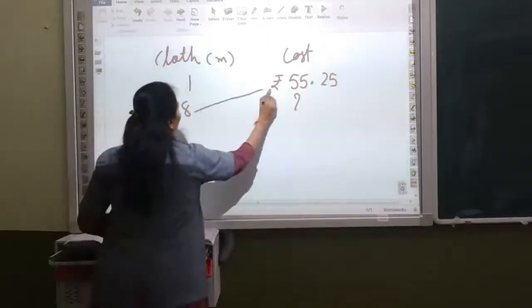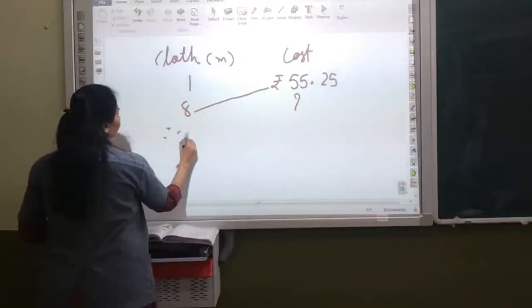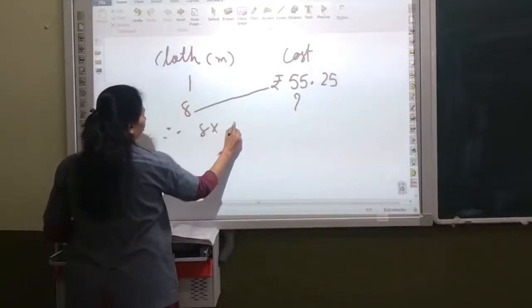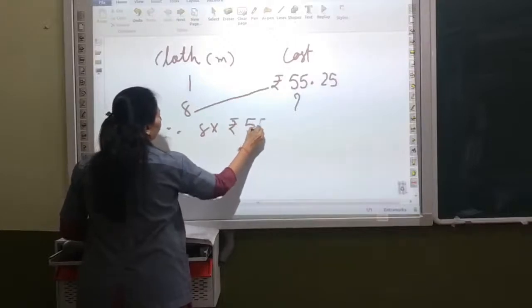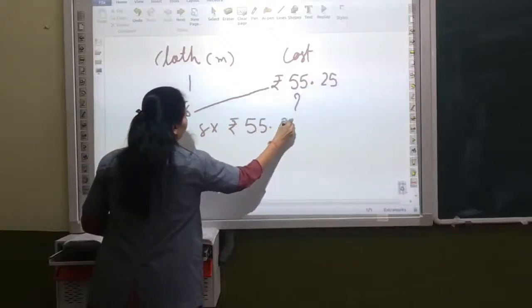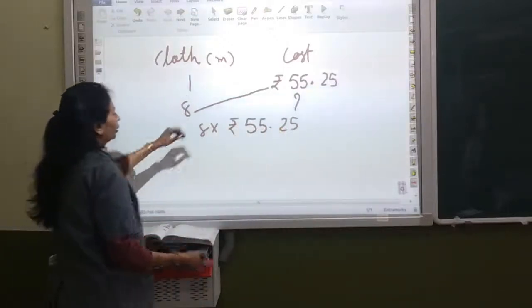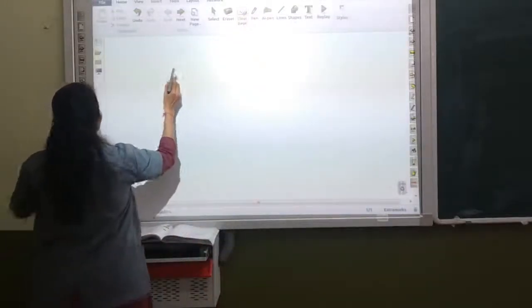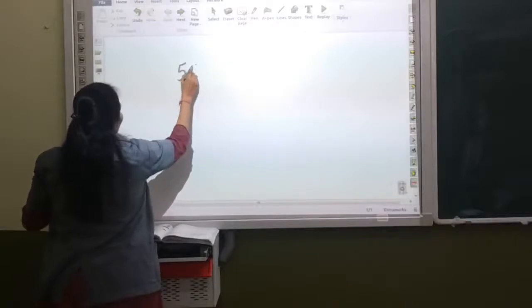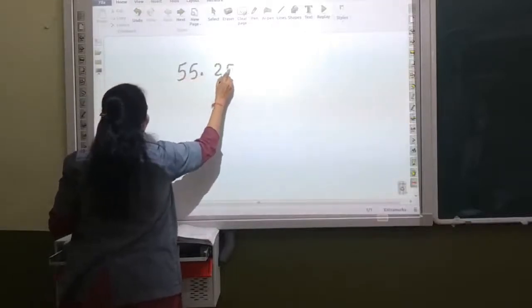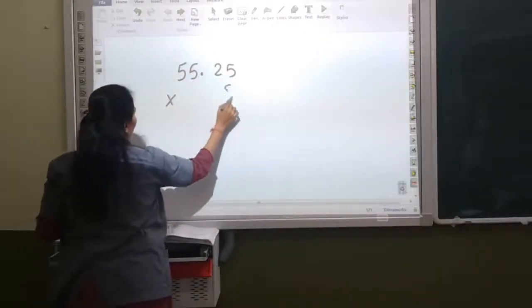So now 8 into rupees 55 rupees and 25 paise, right? So here we do multiplication. So 55 rupees and 25 paise multiplied with the 8.